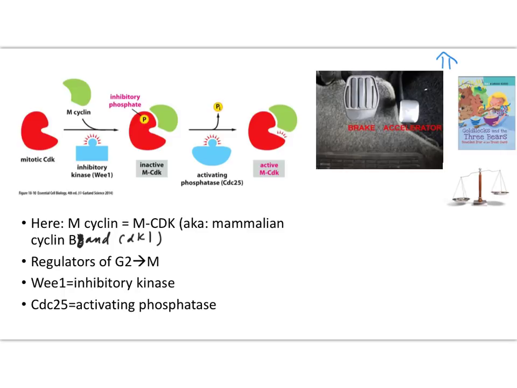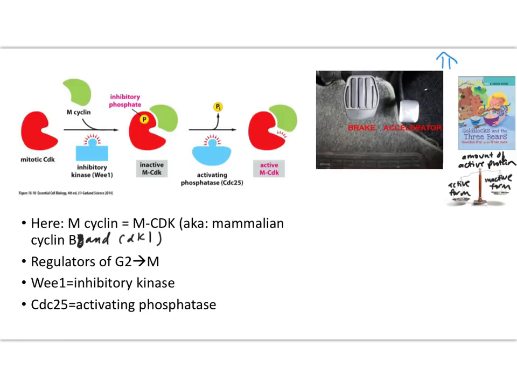And we'll talk some more about that checkpoint soon, but what I want to highlight here is a take-home message about regulation and how we need to use two different regulators to get this process just right, the Goldilocks condition. So this is an example of how we're looking at the balance for the amount of active protein. And what we're looking at here is how we balance the amount of active form of the protein versus the amount of the inactive form.